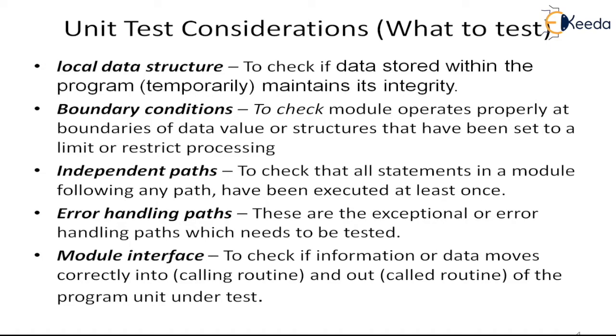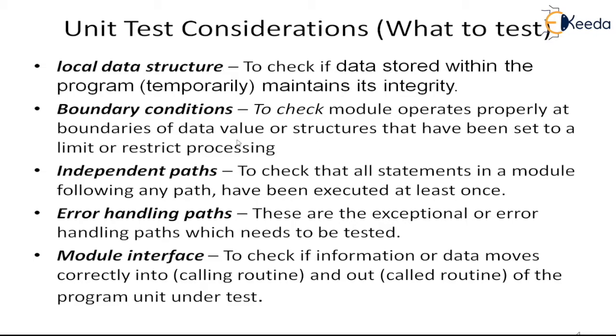And we will check the boundary conditions. That means the data value that we have described, either for a variable or a structure, has some limit, so it shouldn't cross that limit. If it crosses that limit, how does the program behave at the boundary of the data value or the structure limit?